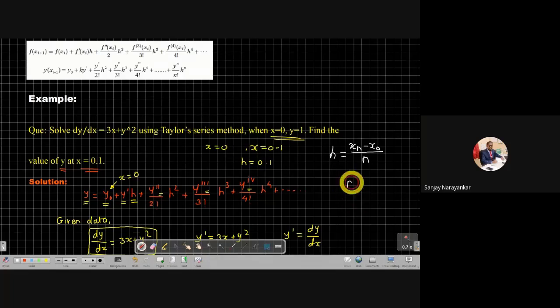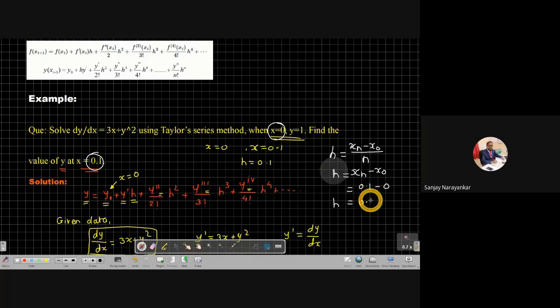So generally n is equal to 1. If n is equal to 1, so h becomes xn minus x0. So xn is nothing but the value where we have to find the answer. That becomes xn and this is x0. Right? So if I'm applying the same, what I'm getting, h is equal to xn minus x0. So what is xn? 0.1 minus 0 is equal to like this.